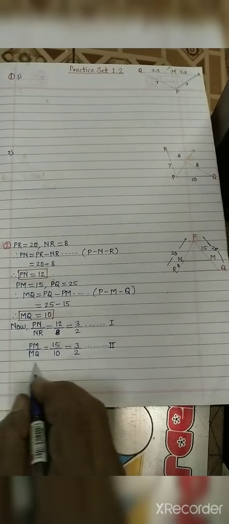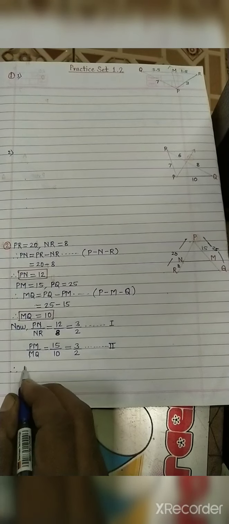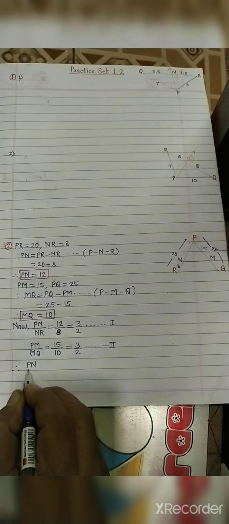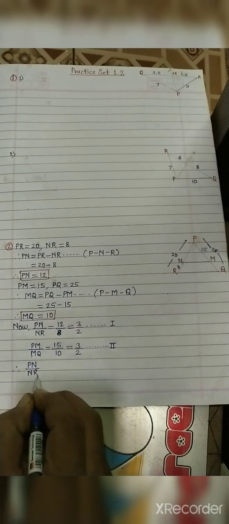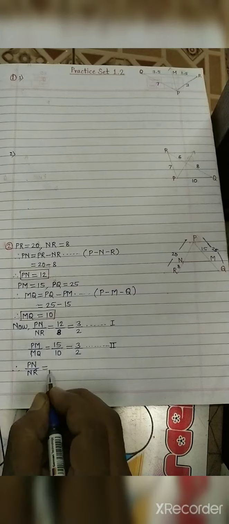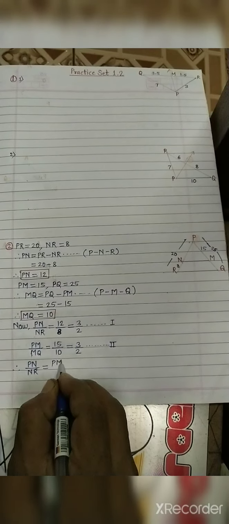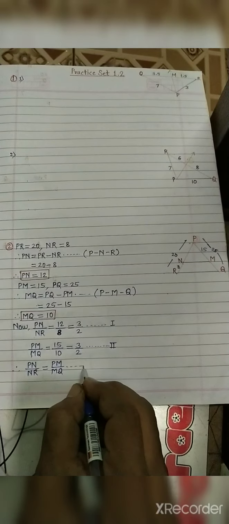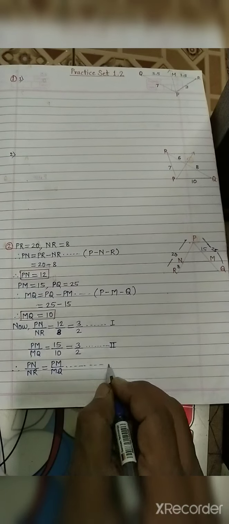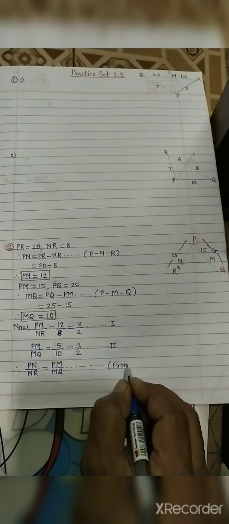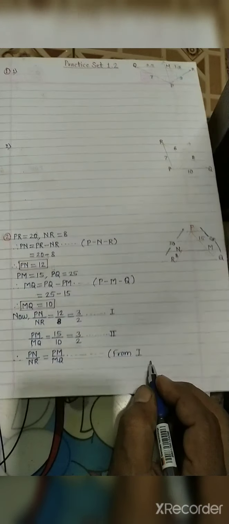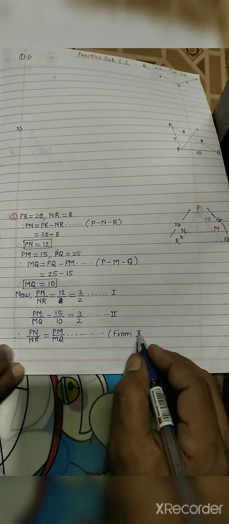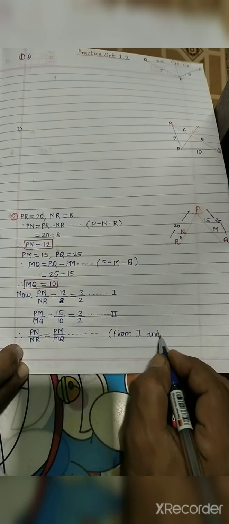Okay, so here PN upon NR is equal to PM upon MQ. Here reason is from 1 and 2.